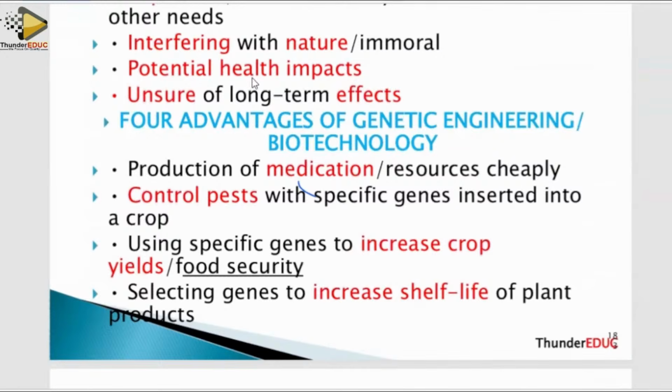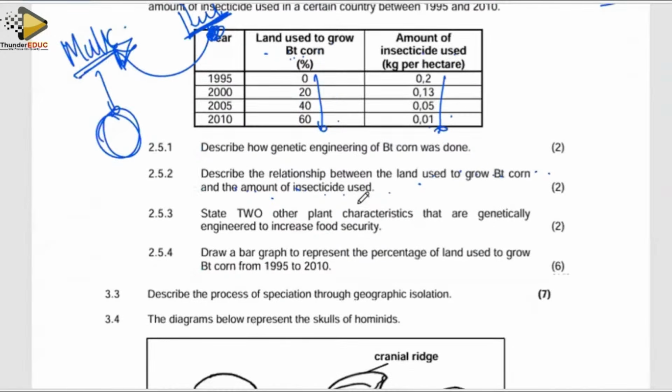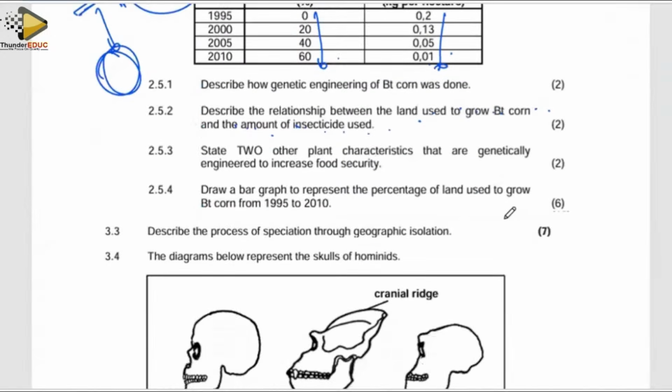Then they are saying draw a bar graph. Here you can draw a bar graph, but please take note of this. Students always fail when they are asked to draw a bar graph or a line graph.